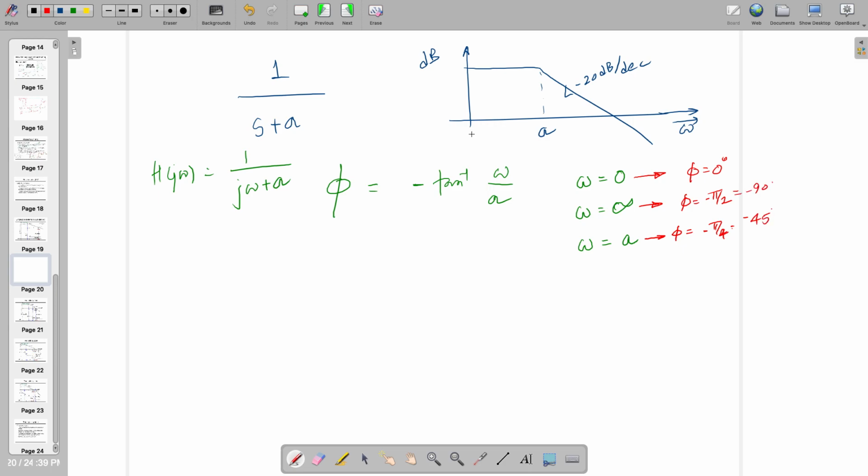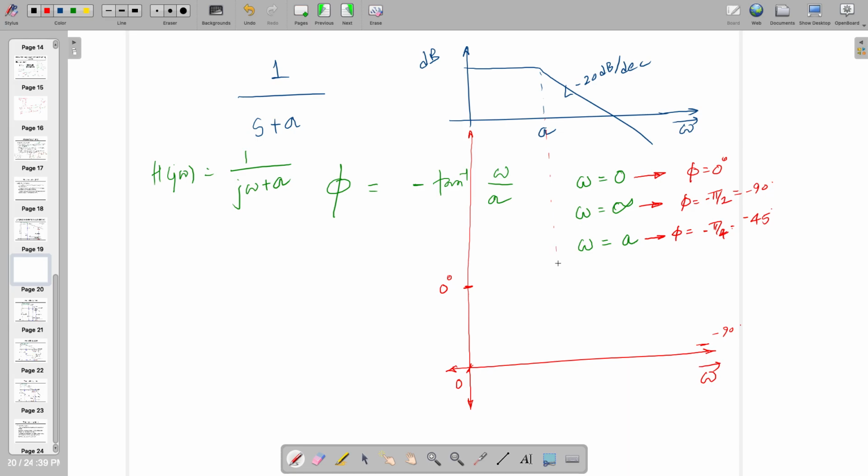So if I am going to draw the phase plot on the same axis, at 0 frequency or very low frequency, your phase will be 0 degrees. At very high frequency, it's minus 90 degrees.